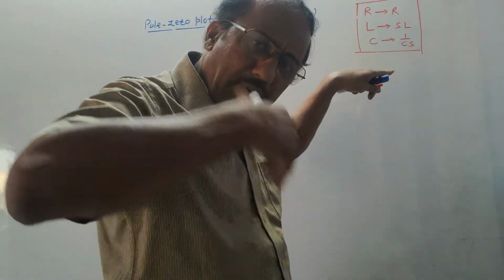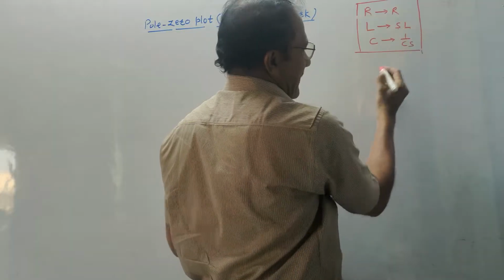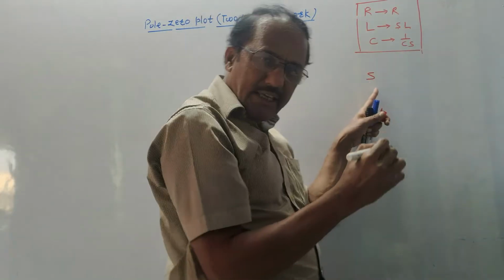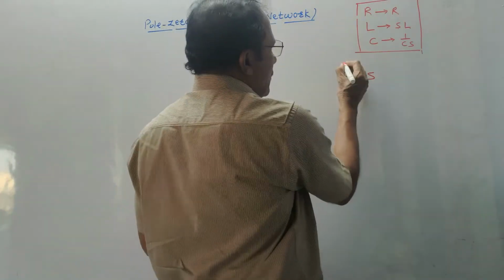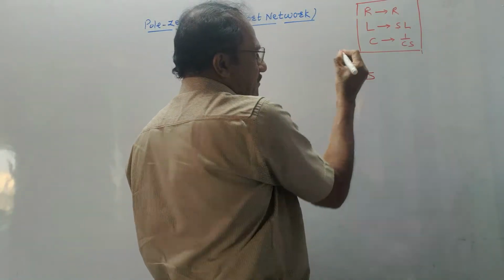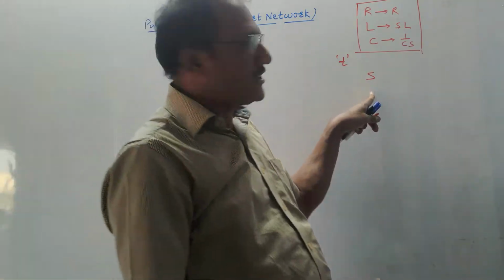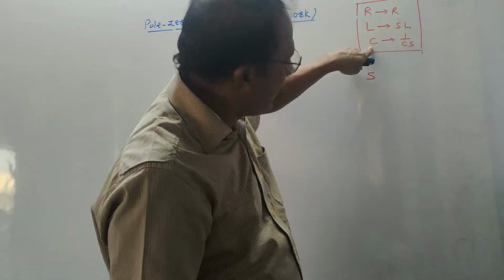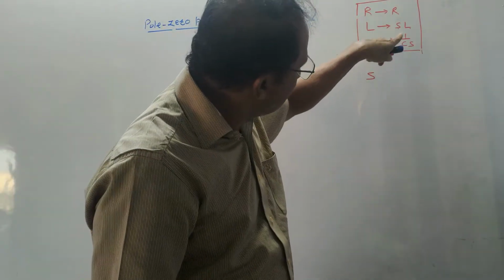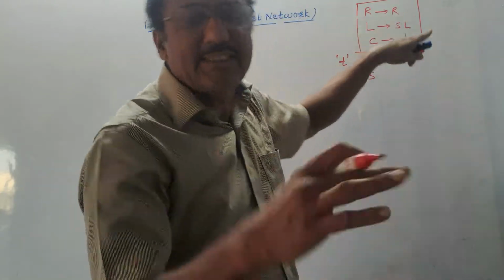If you transform L using Laplace transformation, its value becomes S into L. This term S is the notation used in Laplace transformation, like we use notation T for time period in normal domain. Likewise, S is the notation in Laplace transformation. So value of L becomes S into L. Value of capacitance C is transformed as 1 by C into S, where C is the value of capacitance.